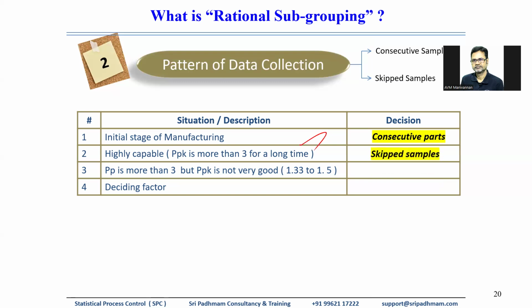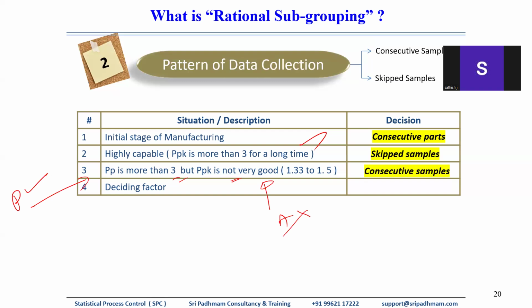You can go for skipped samples also. PP is more than 3, but PPK is not very good. That means precision is good, accuracy is not good. Then what is your deciding factor? That's all. This will be repeated.